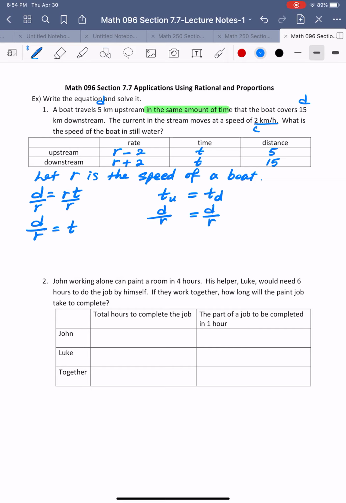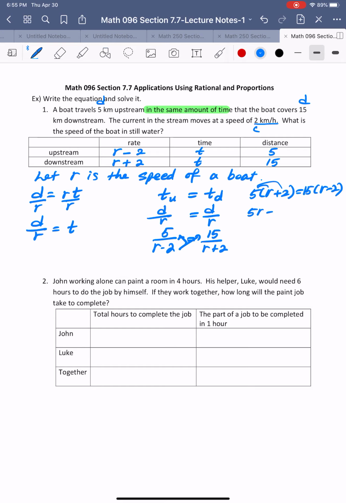So we look for those numbers and expressions from the table. For the upstream, d is 5 and the rate is r minus 2. For the downstream, the distance is 15 and the rate is r plus 2. Then you can cross multiply: 5 times r plus 2, and 15 times r minus 2.